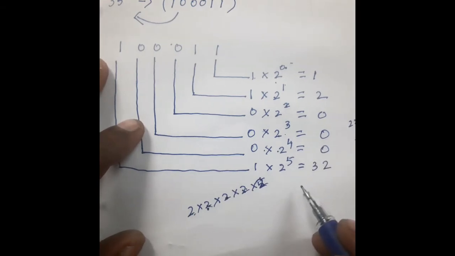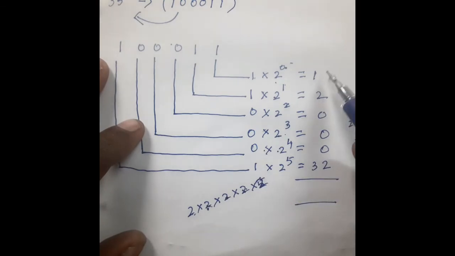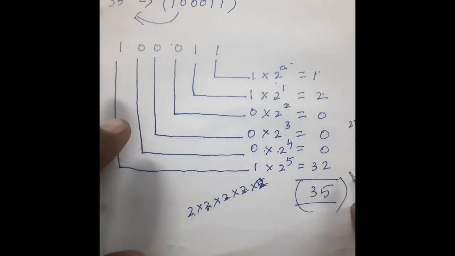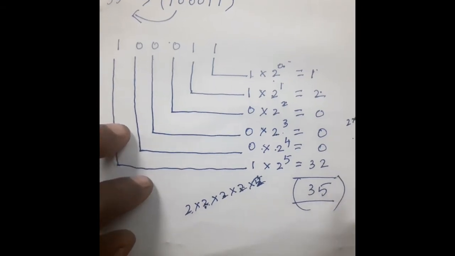Now just add all these decimal numbers: 32, 2, 1. The sum is 35. So the equivalent decimal number of this binary is 35.